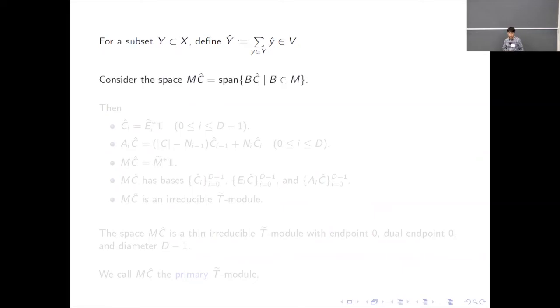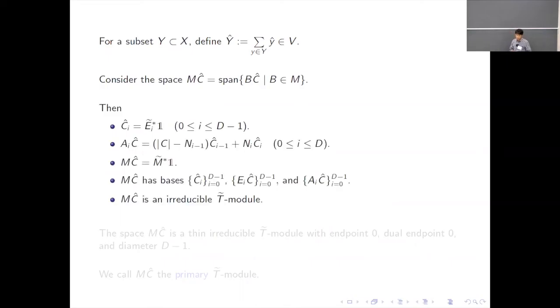Now we think of MC hat. This space has these properties. The vector Ci hat is just Ei star tilde applied to the all-ones vector. And also, when we apply A to each Ci hat, we get a combination of Ci minus 1 hat and Ci plus 1 hat.